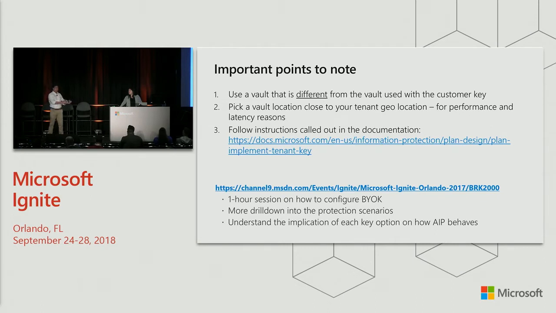So you can start with understanding what BYOK is, what are the constraints that you need to work against in terms of location of the vault and where you keep your key. And finally, you can walk through a video and configure your vault, and you're done. It's super simple.